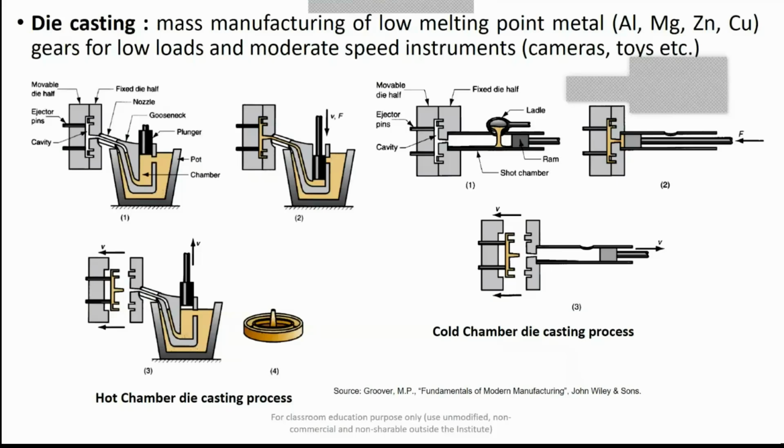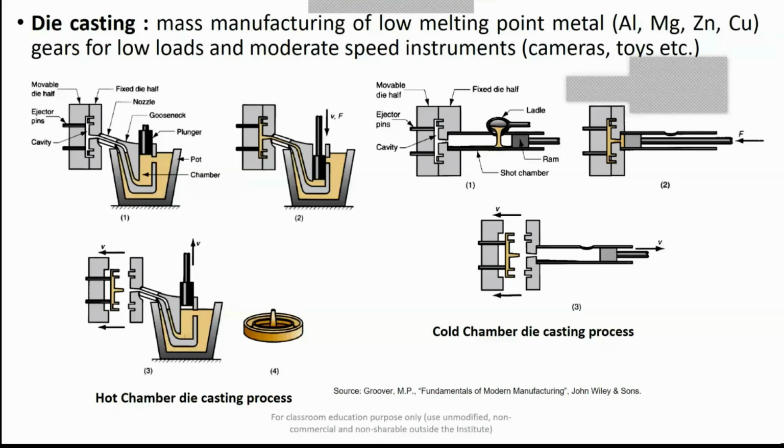Then we have another process called die casting. You know that in die casting, the dies or molds are made of materials like tool and die steel, and some high temperature resistant materials like tungsten, molybdenum or graphite. Here the filling of metal into the die cavity is under pressure.